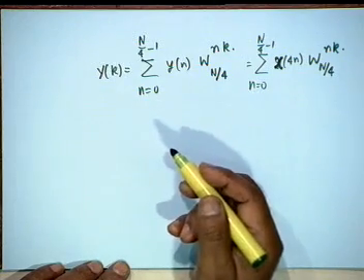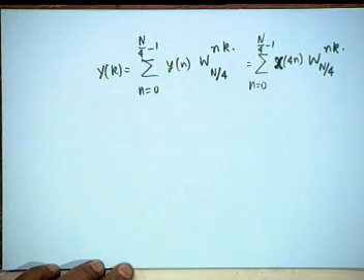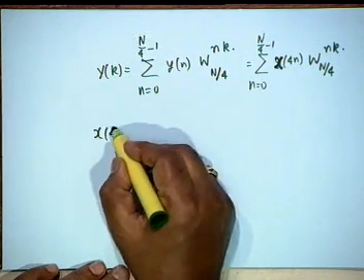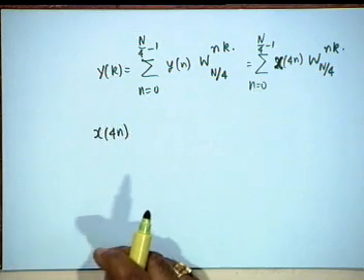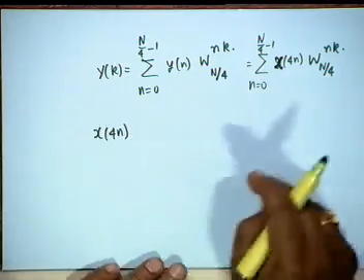So x of 4n, now here is a twist. X of 4n we will compute in terms of capital X of k. You see what the problem now is?